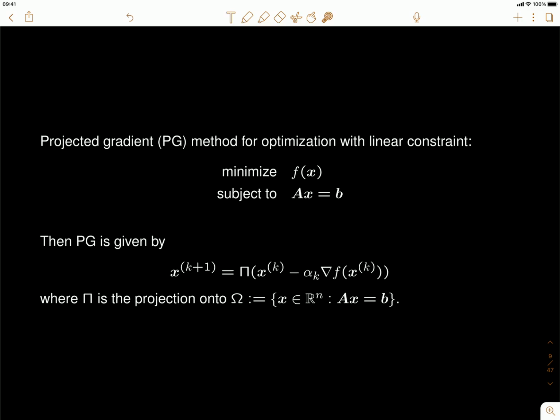If we do the projected gradient method, we need to make sure that every time we compute a new value, we project it back to the set of points which satisfy this. So my omega will be this set, and the question is how we do the projection here.